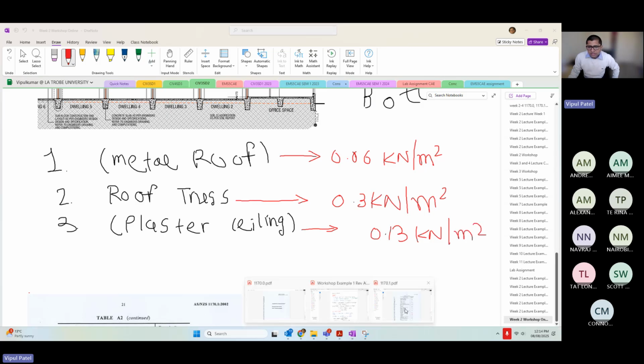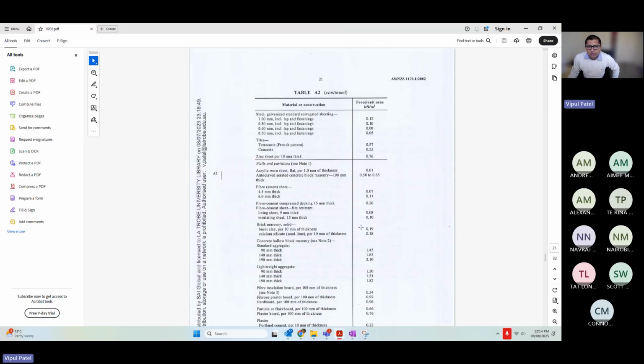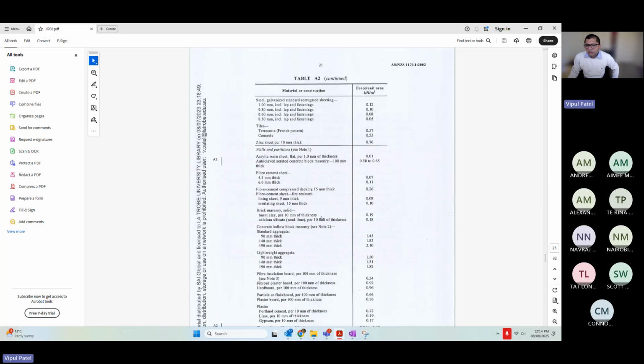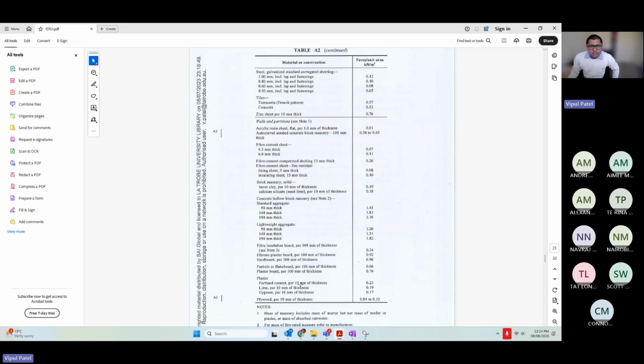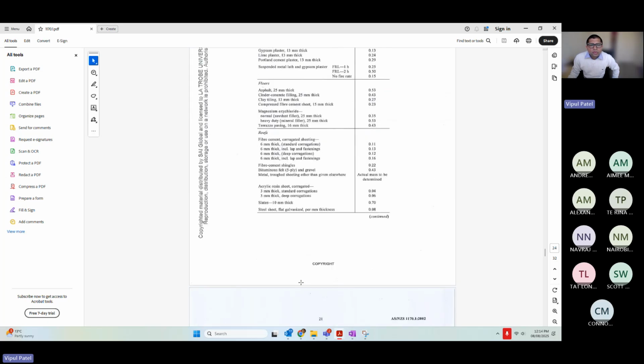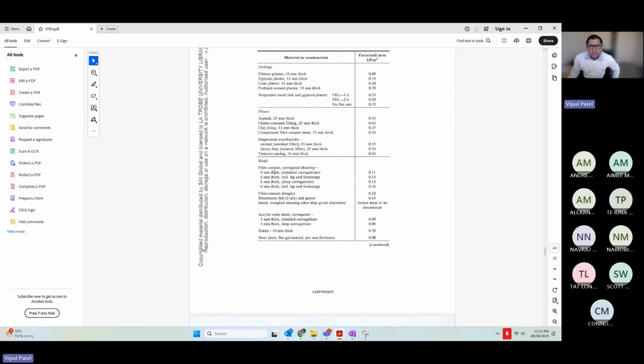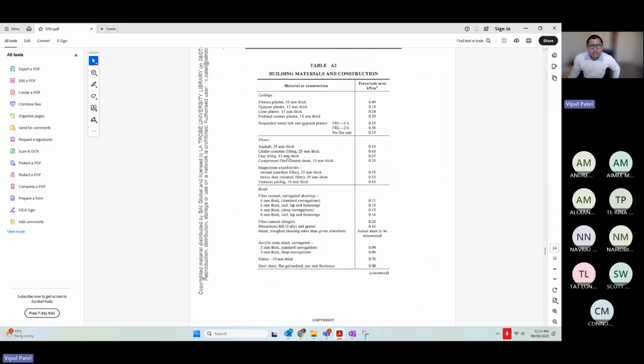So if you open the standards, 1170.1, and the fiber cement sheets. Let me find the plasterboard, roofing, fiber cement, and corrugated sheetings. That's fiber cement, aggregate, steel sheets, and ceilings.